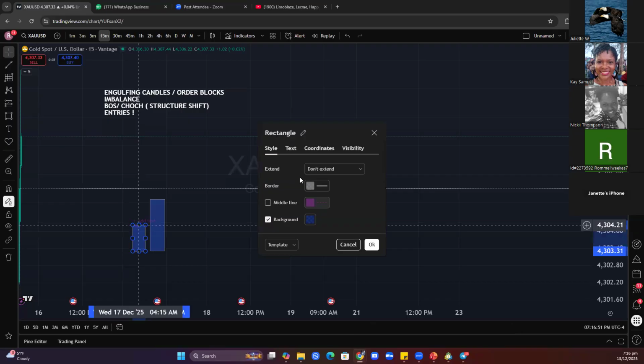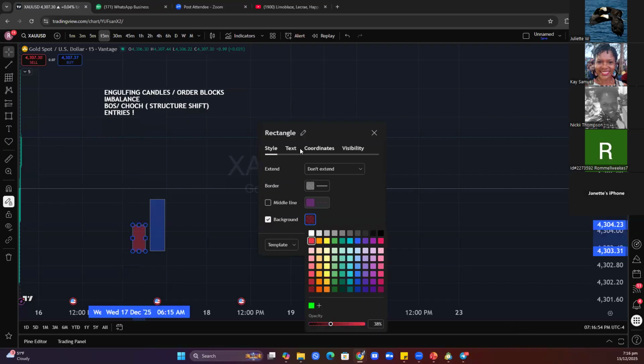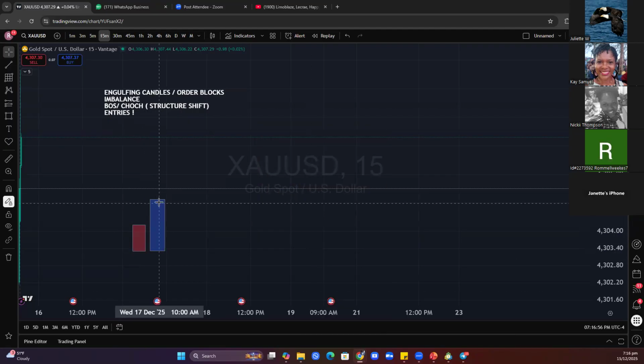When you see this engulfing candle, this candle engulfed this candle right here. These candles you want to pay attention to. Why? Because it shows you momentum. It shows you where the buyers are at in the market. It shows you this area here, where a number of orders went into the market that caused price to push up significantly. So that's one example.